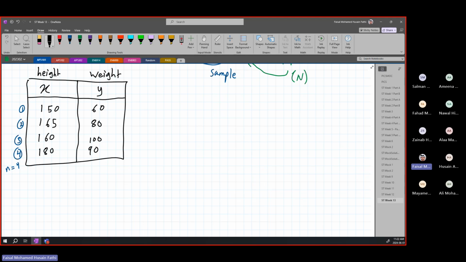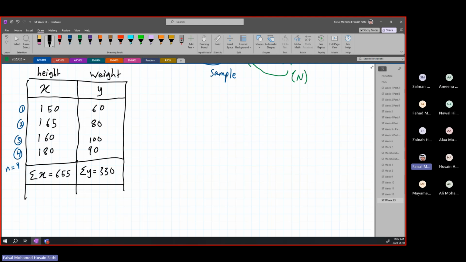Then you find your sigma x and sigma y so that we can find our averages. Sigma x and sigma y is simply adding all these values. 150 plus 165 plus 160 plus 180 gives us 655. Our sigma y is 60 plus 80 plus 100 plus 90, which is 330.